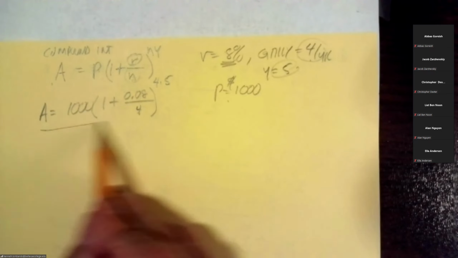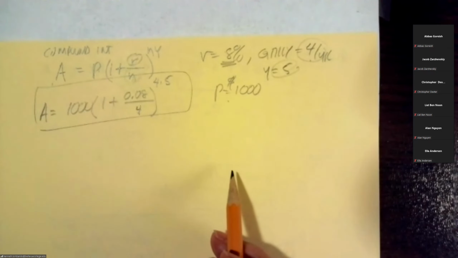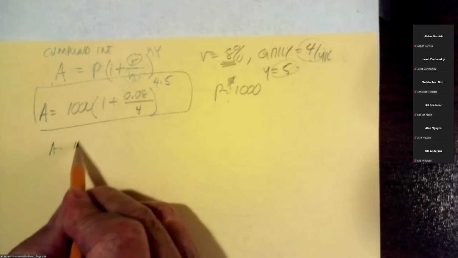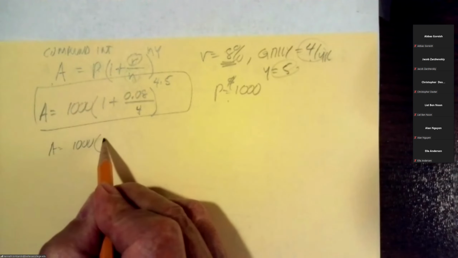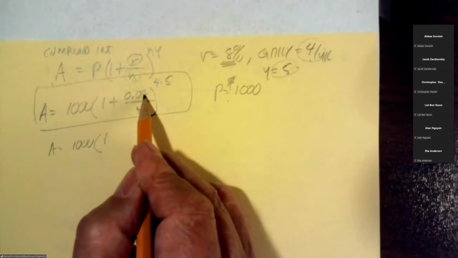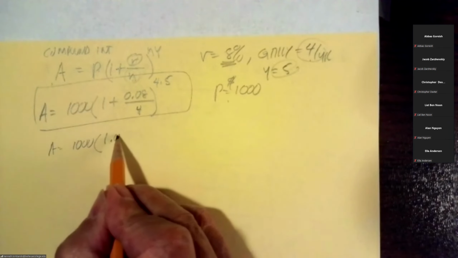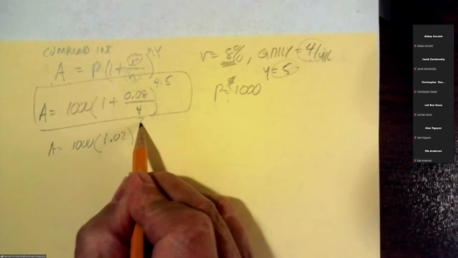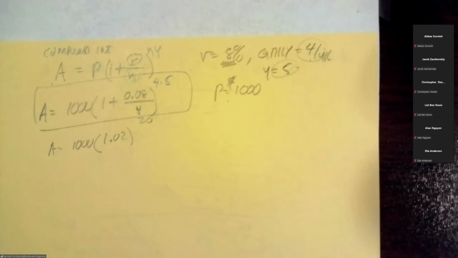So now I just have to put this in my calculator and come up with a value. A equals 1,000 times 1. So this 4 goes into that 2 times, so that's 1.02 to the 20, isn't it?